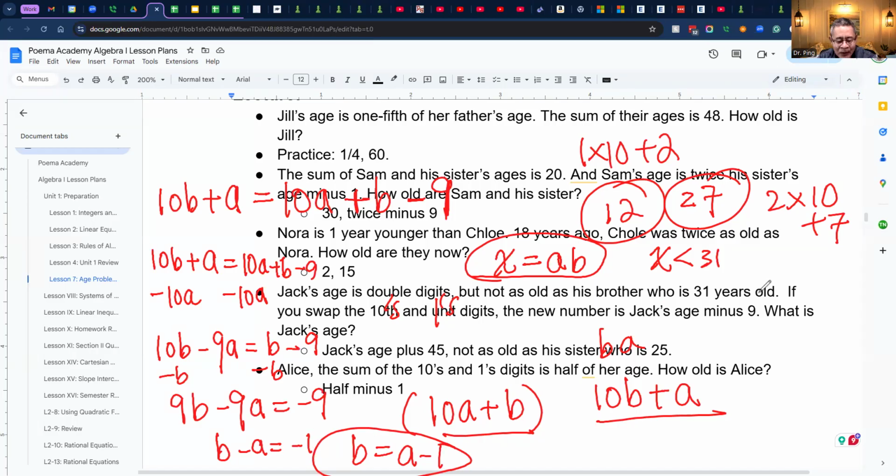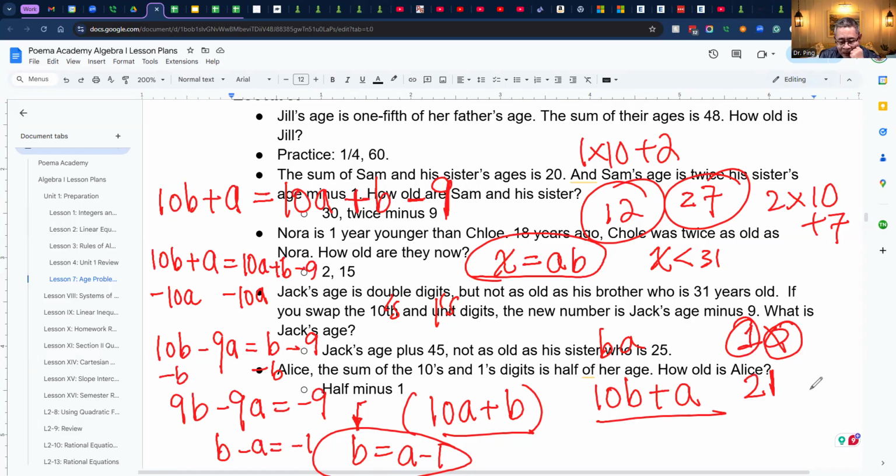So whatever the number is, the ones digit is the tens digit minus 1. So we can see it could be 10 or 21. The units digit is one less than the tens digit.